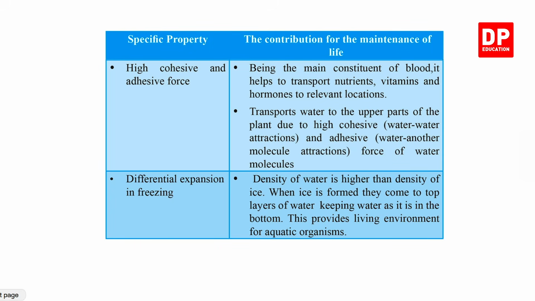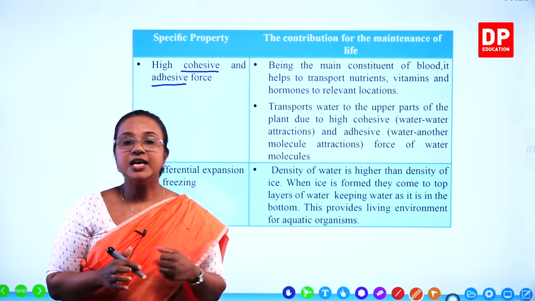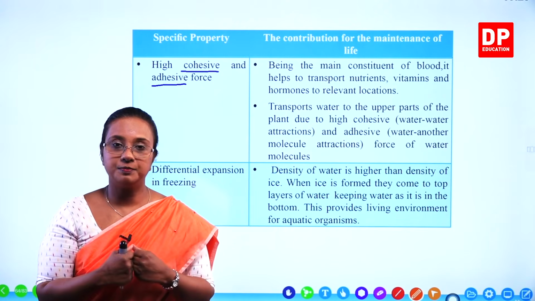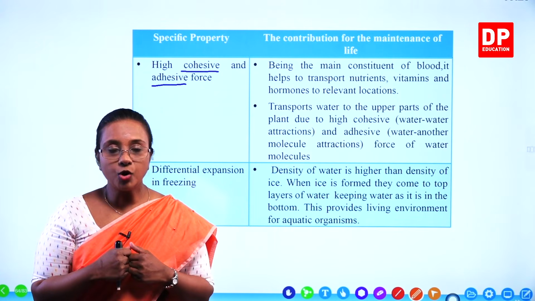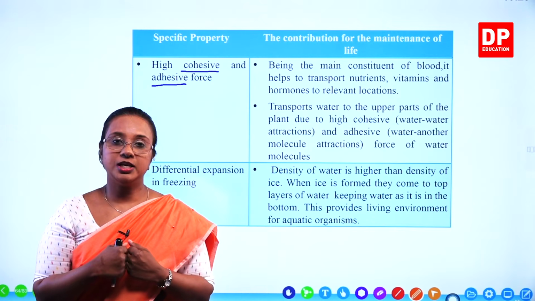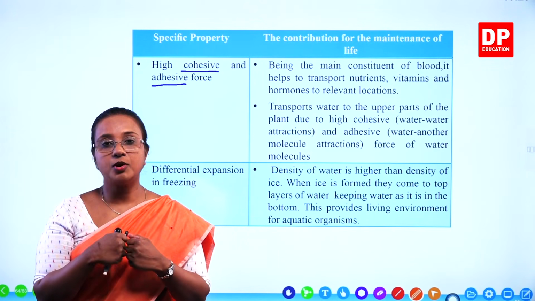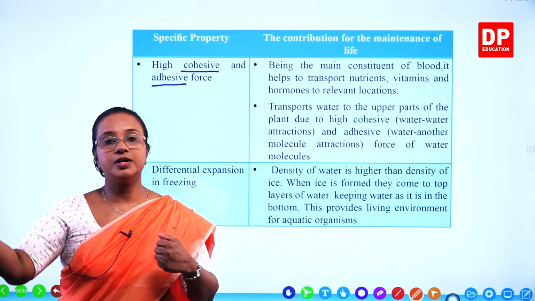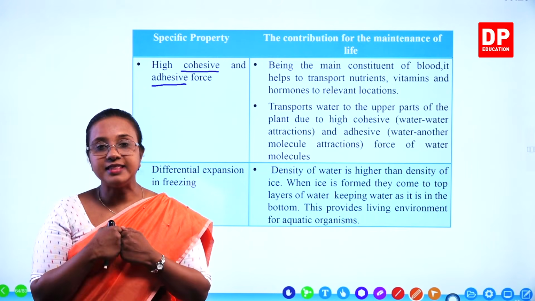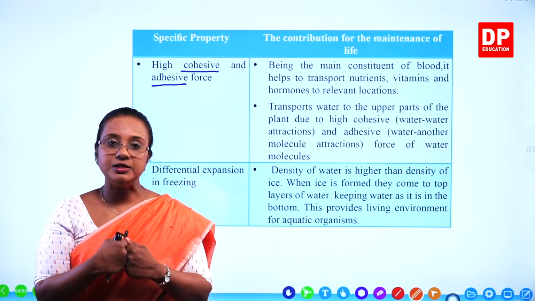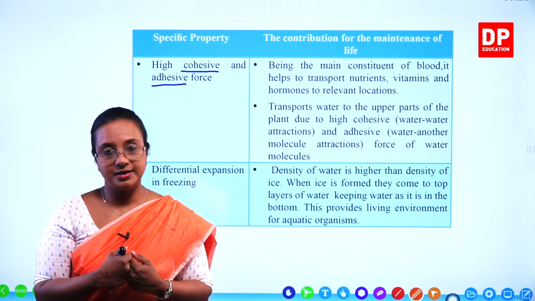The next property, high cohesive and adhesive force. When we say cohesive force, it is the force between two particles of a compound. Here, when we take water, between water molecules, there is an attractive force which helps the water molecules to be a continuous column of water. And that force is called the cohesive force, force between the constituent particles.